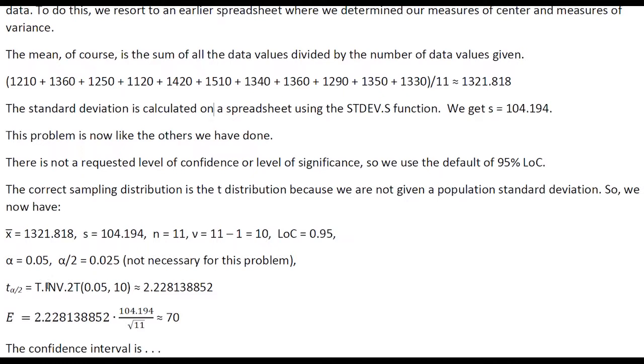T sub alpha over 2, remember the old t.inv.2t function, and that would be 0.05 comma 10 degrees of freedom, and that gives us this number here. And the E calculation is we take the t sub alpha over 2 times s over the square root of n, and that gives me approximately 70.